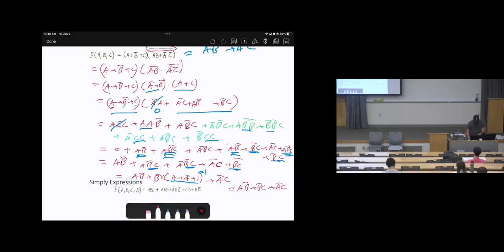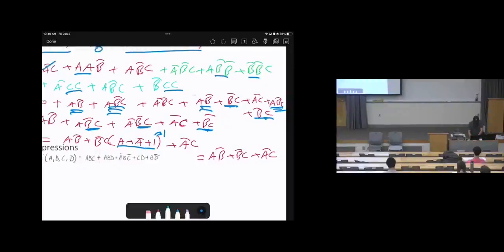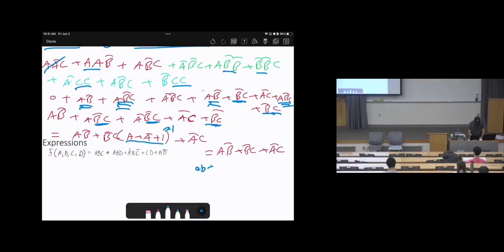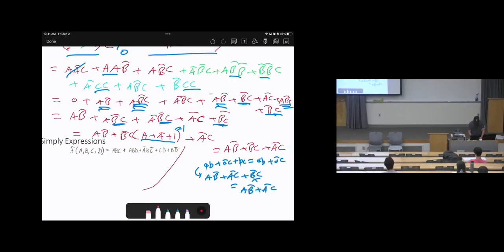So how can we simplify it? We can look at one of these postulates, which is we know that AB plus A bar C plus BC is actually AB plus A bar C. Therefore, we can apply it in our result as A B bar plus A bar C plus B bar C, this term will be removed, so it will be A B bar plus A bar C. As a result, we can apply it to our answer.